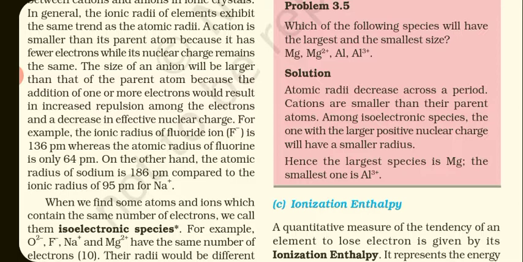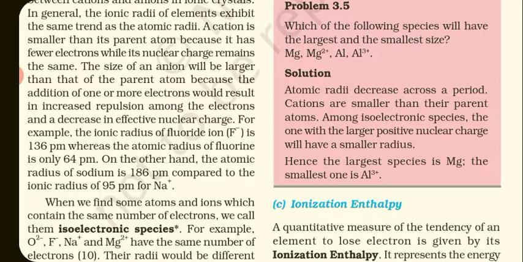A cation is smaller than its parent atom because it has fewer electrons while its nuclear charge remains the same. If the number of electrons reduces in an atom, the nuclear or positive charge and number of protons remain the same, so the nucleus attracts the remaining electrons toward itself with greater attraction force.